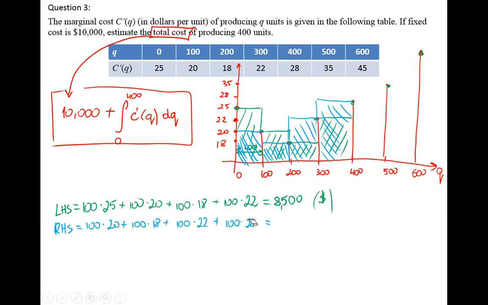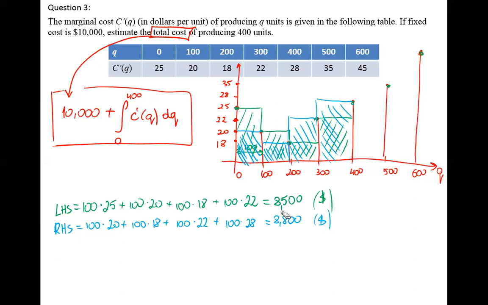Okay, that's what we have. We have 28 plus 22, which will be 50. 50 and 20 and 18, 88. 88 and 2 zeros, okay? And of course in dollars.